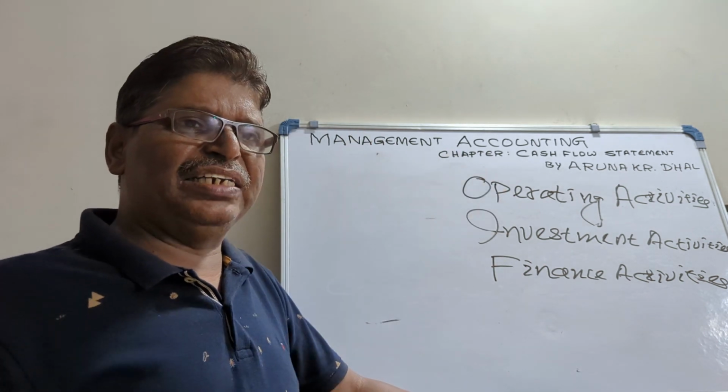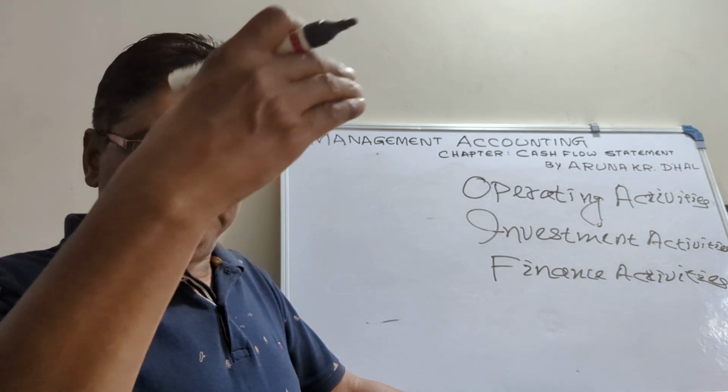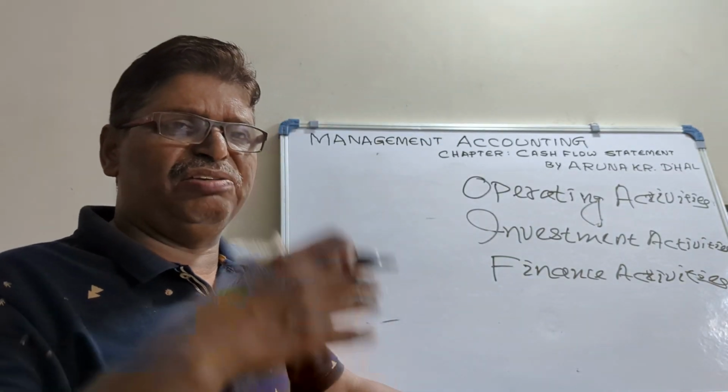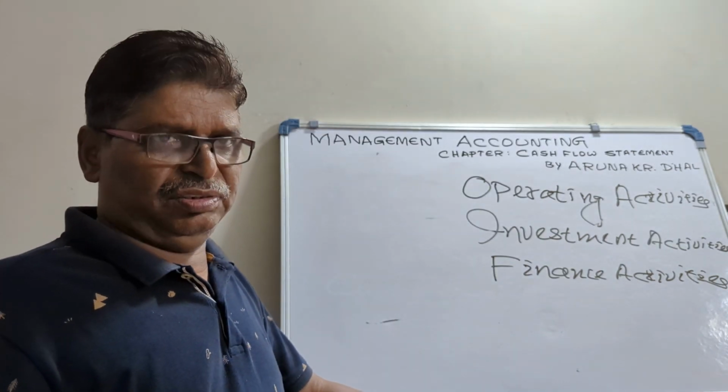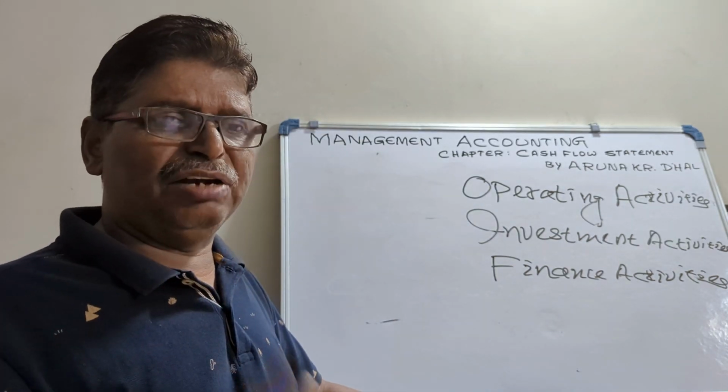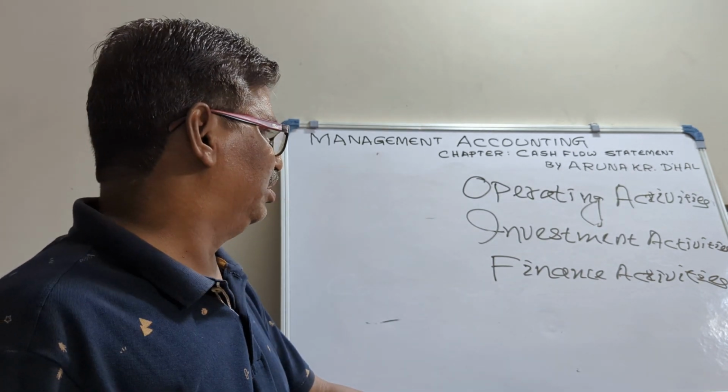When the preference shares are redeemed and debentures are redeemed, the company will make the payment. That means there will be outflow of cash.